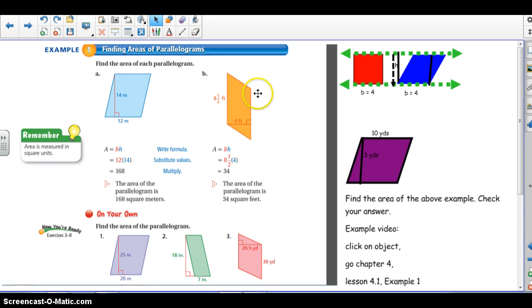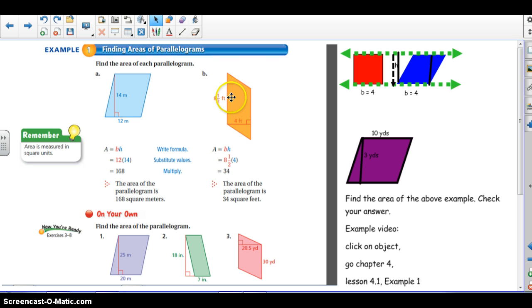All right, let's take a look at the second example. Little different. The base in this case are the two straight lines this way. Now, can you change the object? Can you turn it? Absolutely. But if we look at it this way, we got to look for the two straight lines.